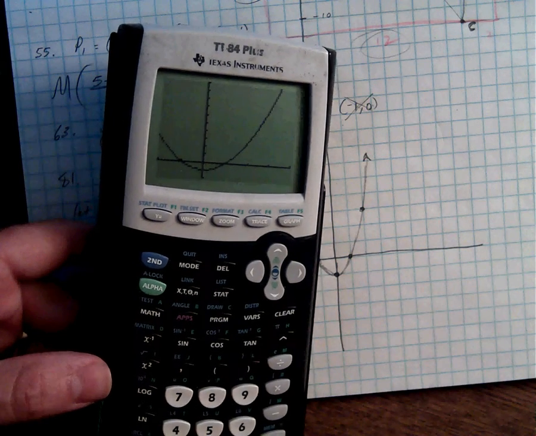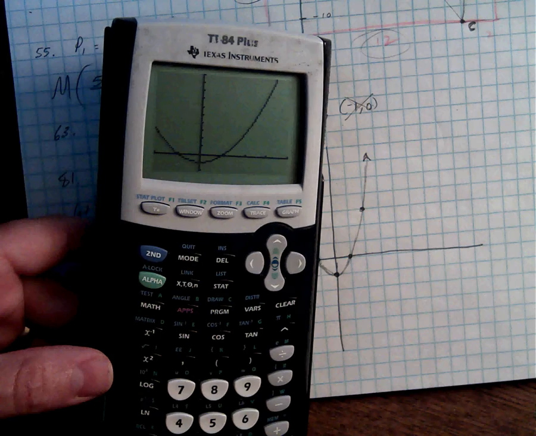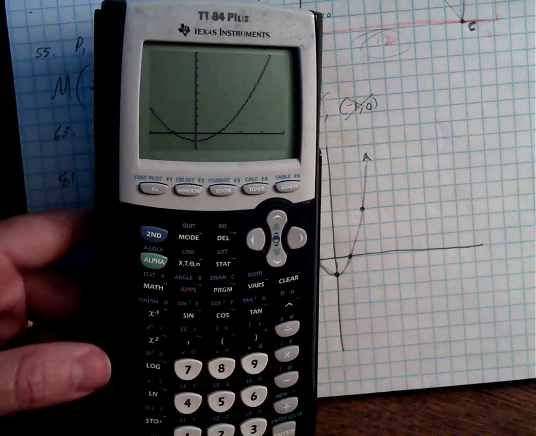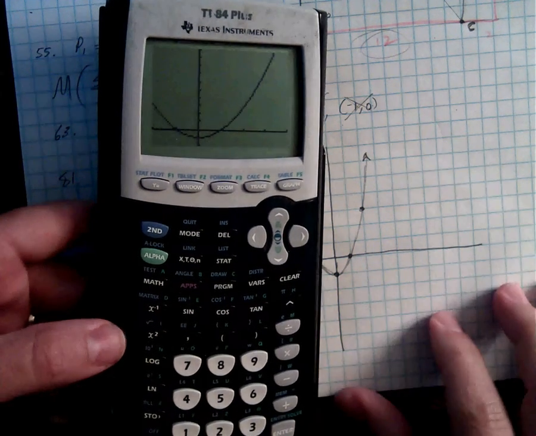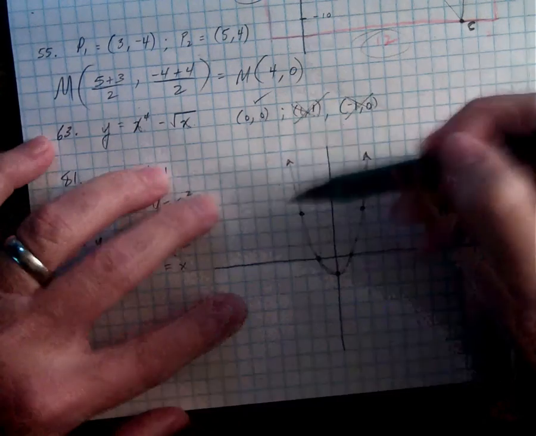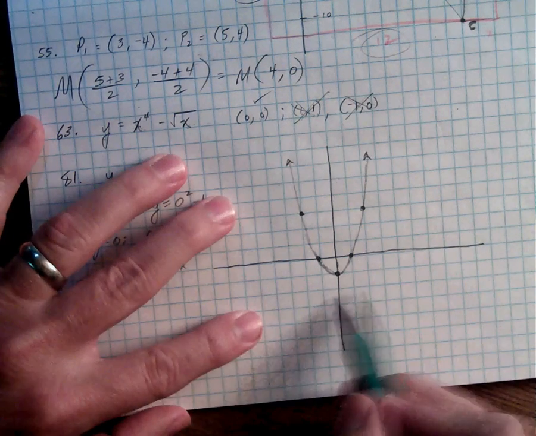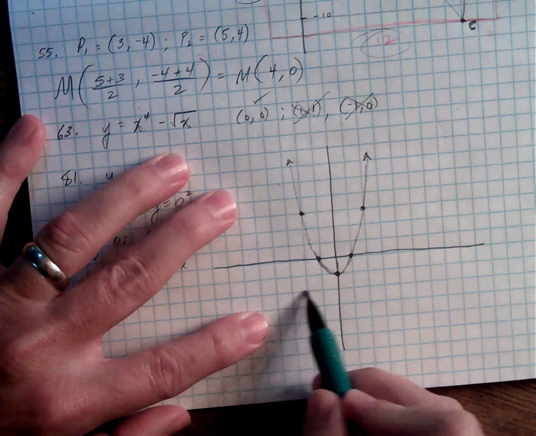Alright, you can see our window is set from where I had it before. So let's say I want to set my window up. Say I want to see this picture right here, right? So I want to look at it like this.